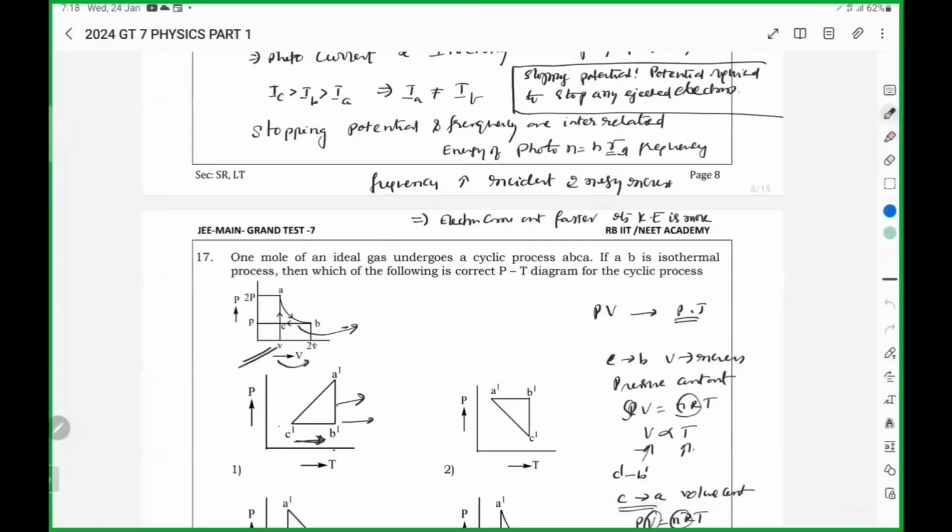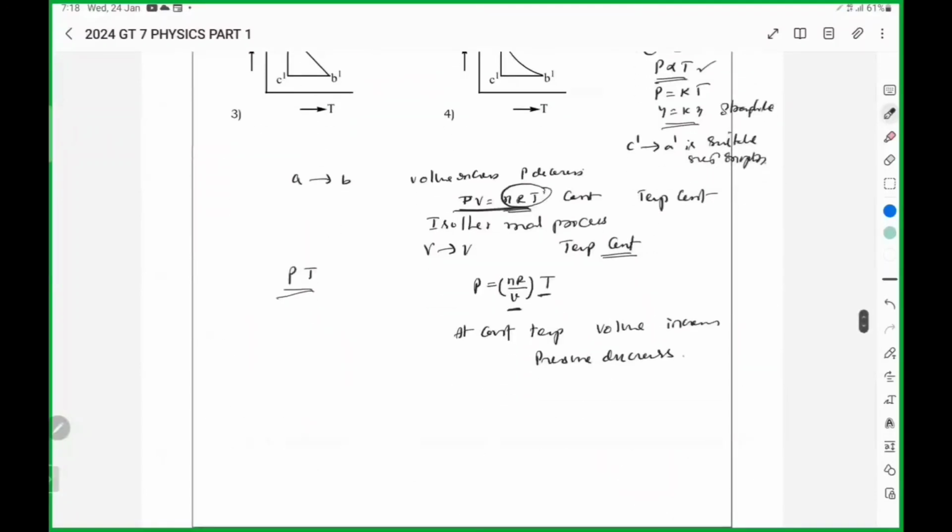A dash to D dash, pressure decreases. So the suitable option is the first option.